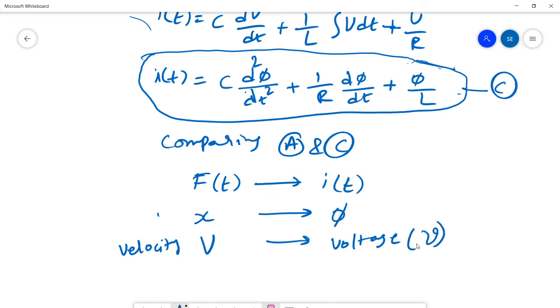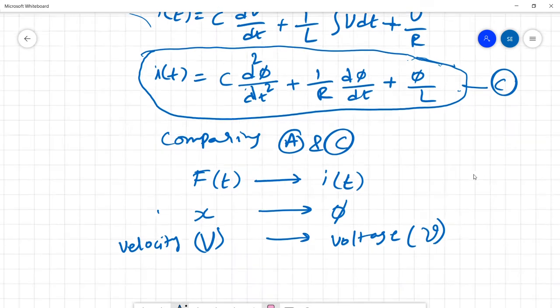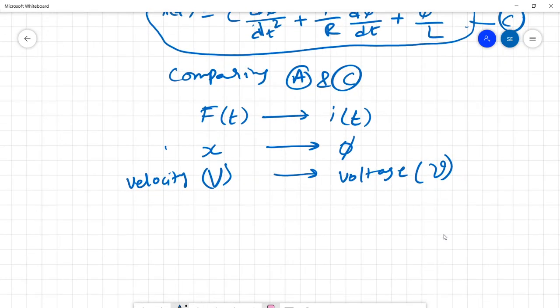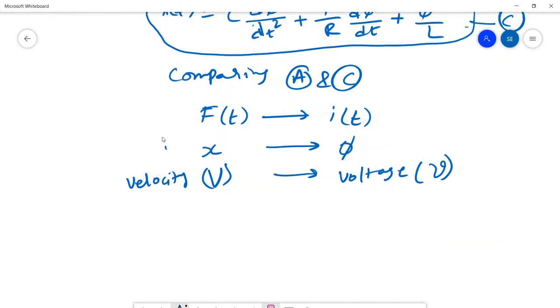So we have charge, force is done, displacement is done, velocity is done, and what is left? Mass, that is C here. Mass m is analogous to capacitance C.